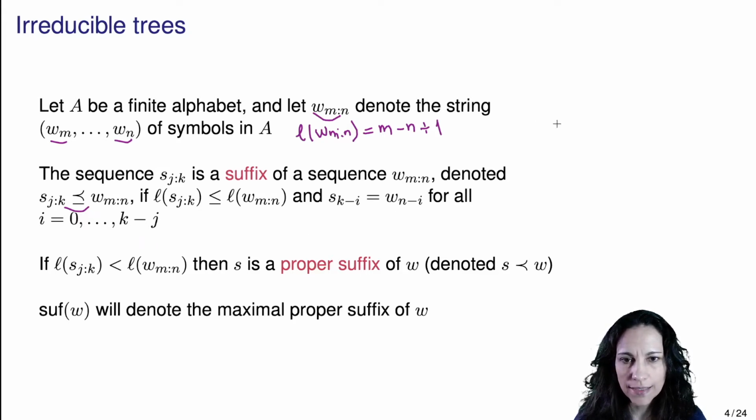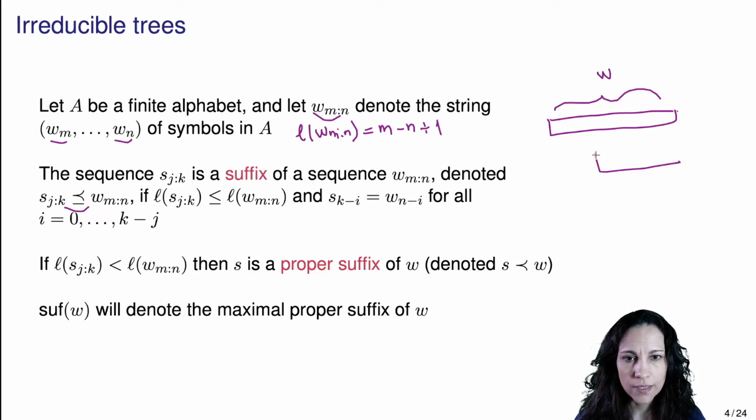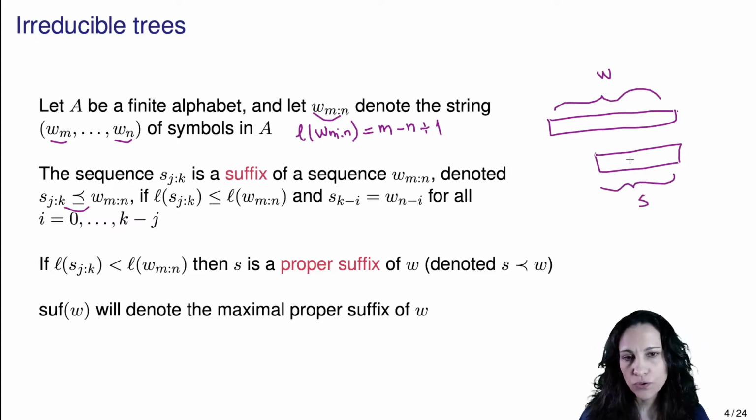That means that if we have here the sequence W and we have the sequence S here, then the length of S needs to be smaller or equal to the length of W, and all the symbols in S, for example A, B, C, and D here, need to agree with the corresponding symbols in W, C, and D, okay?